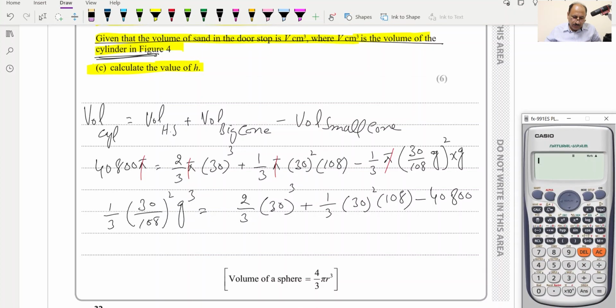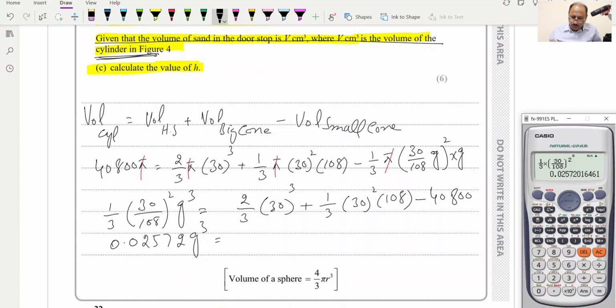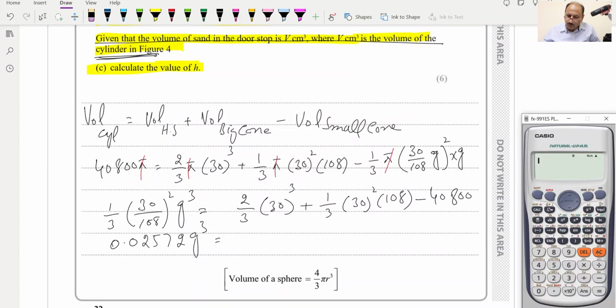So this will be 1 over 3 into 30 over 108, bracket closed, and this squared. This is equal to 0.02572. So 0.02572 g cubed is equal to, and this side also, this whole term we can simplify with the help of a calculator in one go.